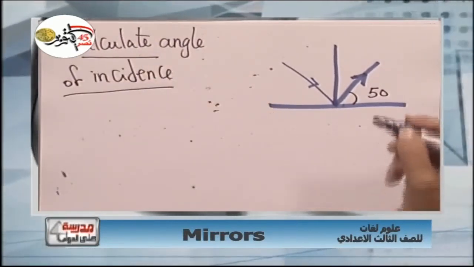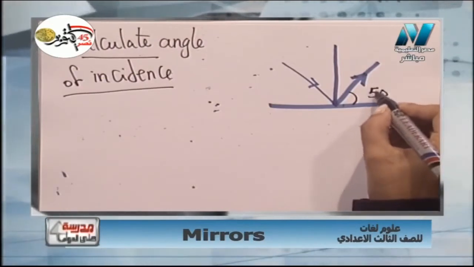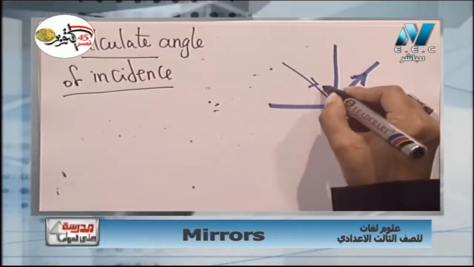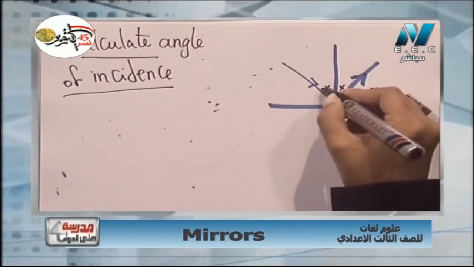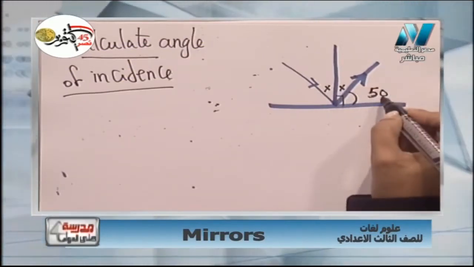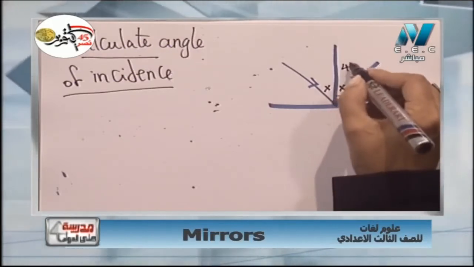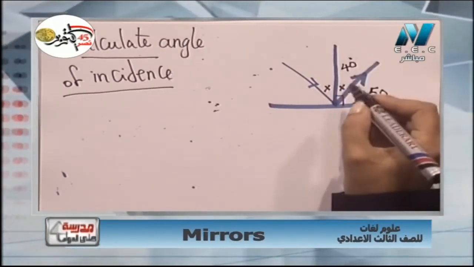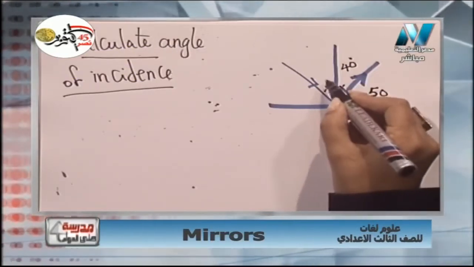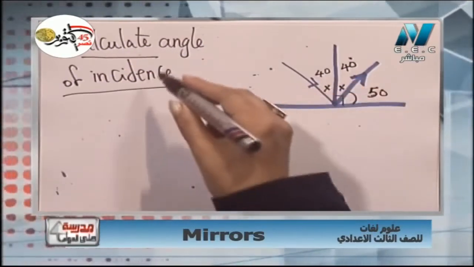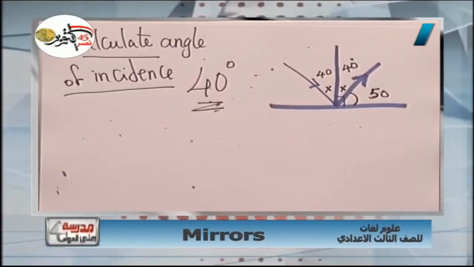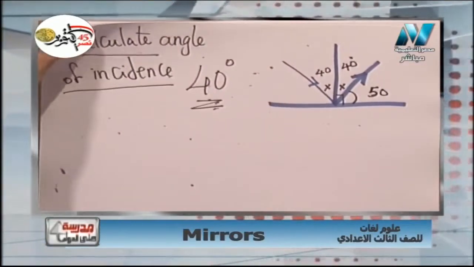Okay, let's see the figure. This angle equals 50. And we have a law that states that the angle of incidence equals the angle of reflection. These two angles are equal. And this is a right angle. So 90 minus 50 equals 40 degrees. And this is the reflected angle. He needs the incident angle. This one equals this one. This is also 40. So the angle of incidence equals 40 degrees. This is the problem we have.